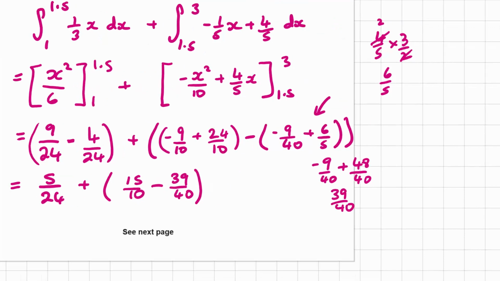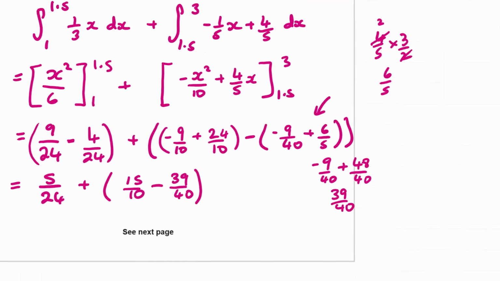Okay, so let's just clear a bit of space over here to continue our work. That is going to be 5 over 24. Now this one is 60 over 40, so that's altogether going to be 21 on 40.